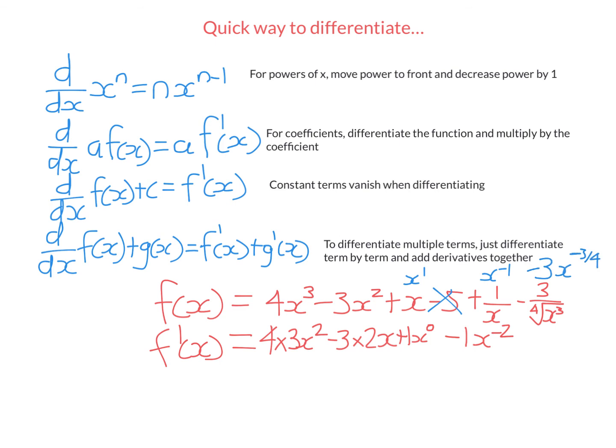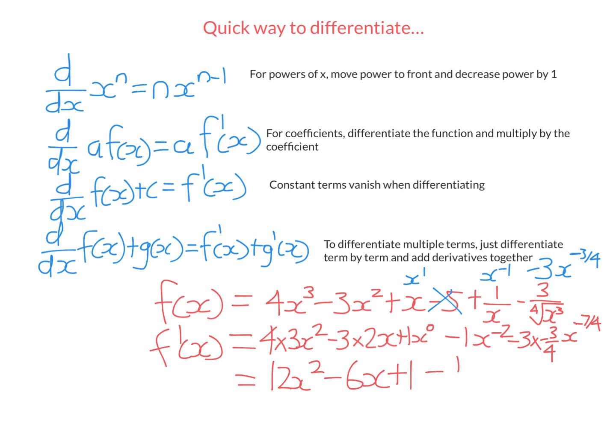To differentiate this last one, I'm going to leave the minus 3 by itself for now. I move the power to the front and decrease the power by 1. So negative 3 over 4 minus 1 is minus 7 on 4. Making this easier to work with, 4 times 3 is 12, so it's 12x squared minus 6x. 1x to the power of 0 is just 1.